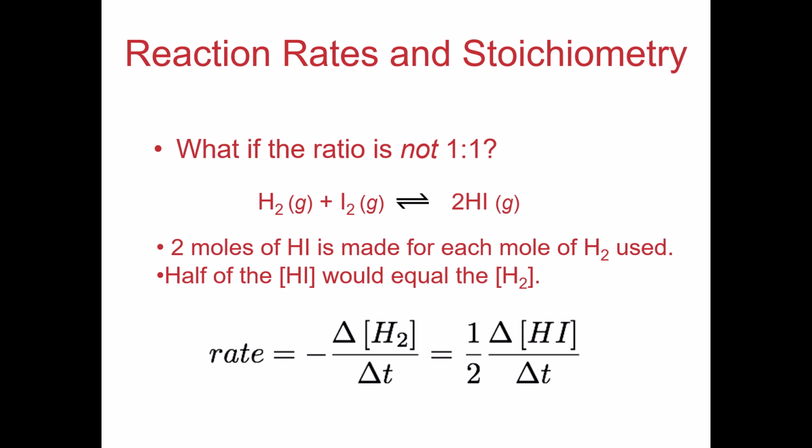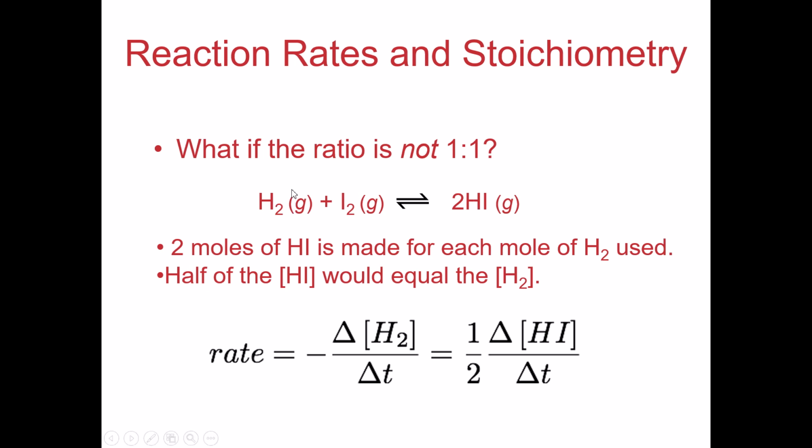But what if we don't have a 1-to-1 relationship for our balanced equation? If we look at this next example, H2 plus I2 gives us 2HI. We have a 1-to-1 relationship between the two reactants, but 1 to 2 between the reactants and products.